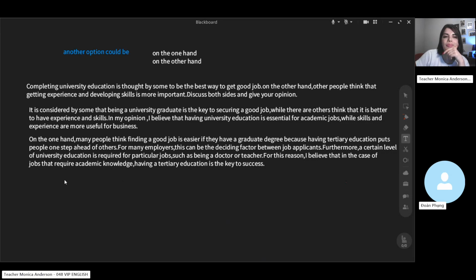Which job needs or requires skills, experience? Maybe an office worker also needs computer skills. Yeah, computer skills, but it can be something like tertiary academic.